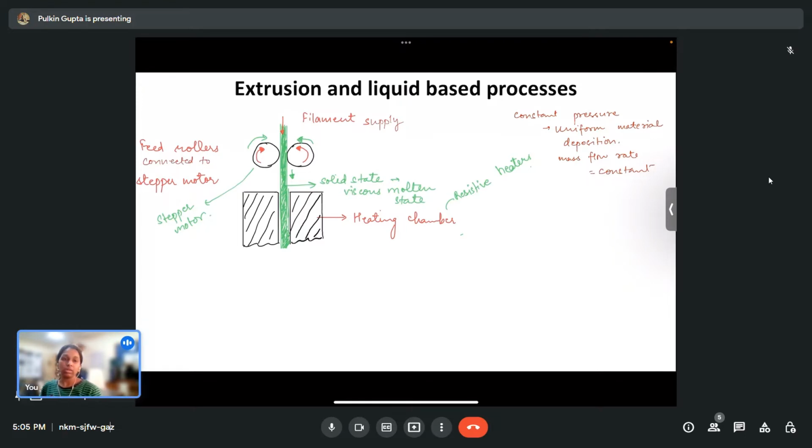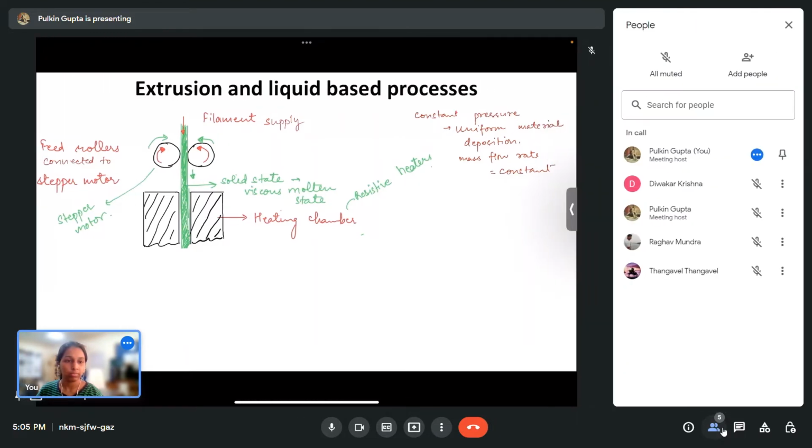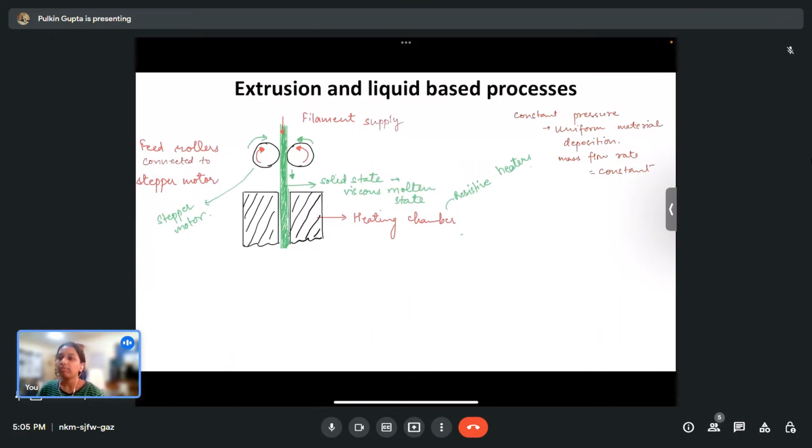If anybody can answer, if the mass flow rate is not constant, what is going to happen? If the mass flow rate is not constant, you will have non-uniform deposition of material at different places, like a larger chunk of material at one place and a smaller chunk at another place, which will cause roughness and discontinuity in your structures.